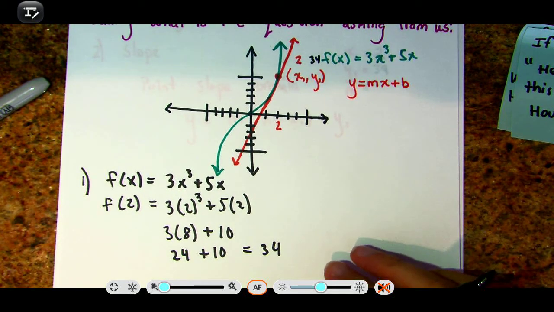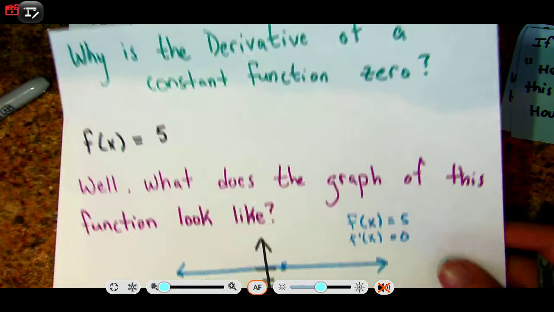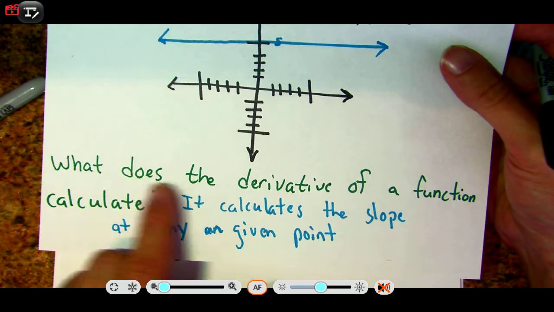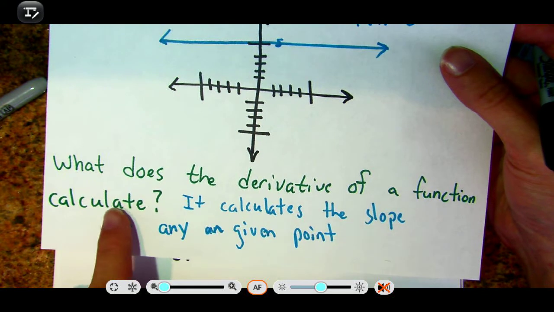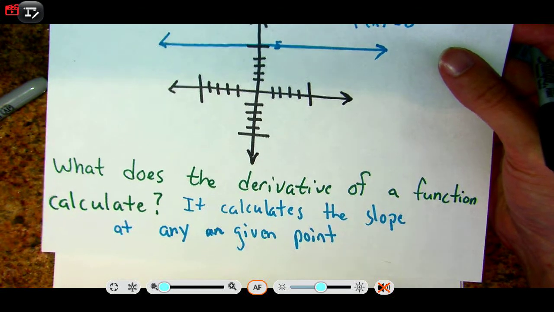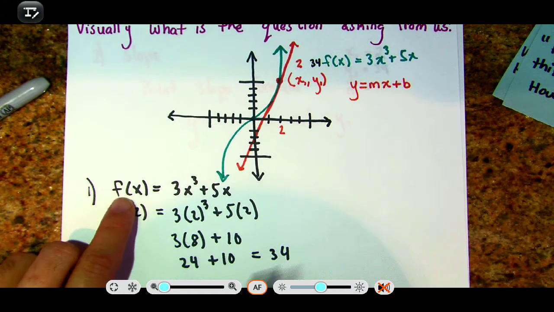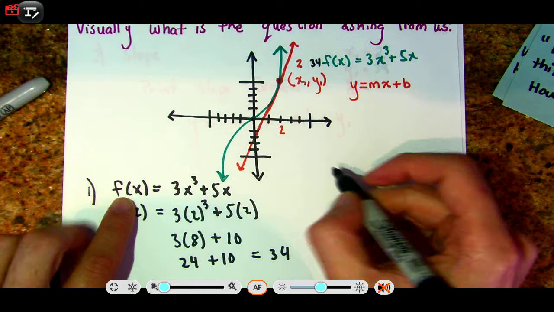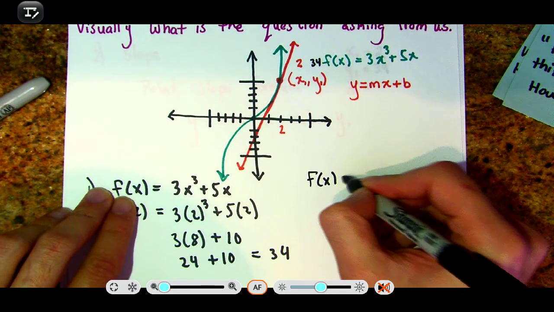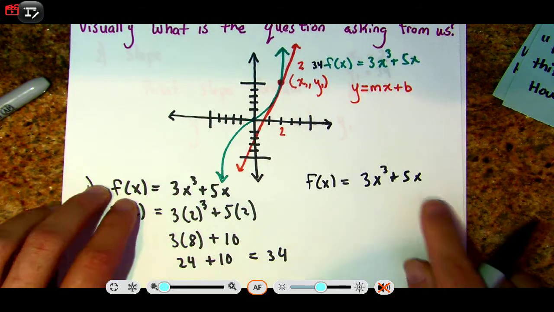Well, we've been learning that, what does the derivative of a function calculate? It calculates the slope at any given point. So, if we know the derivative of f, if I know that f of x is equal to 3x cubed plus 5x, if we find its derivative, okay, well, what's the derivative?